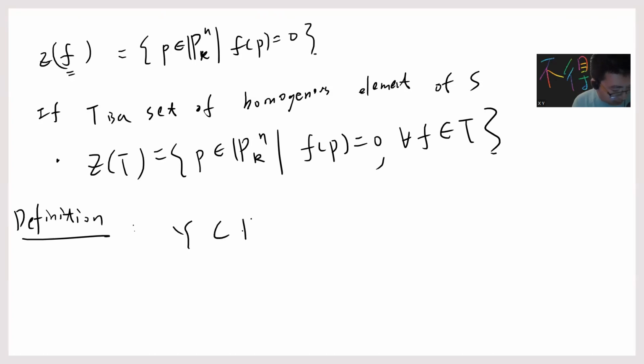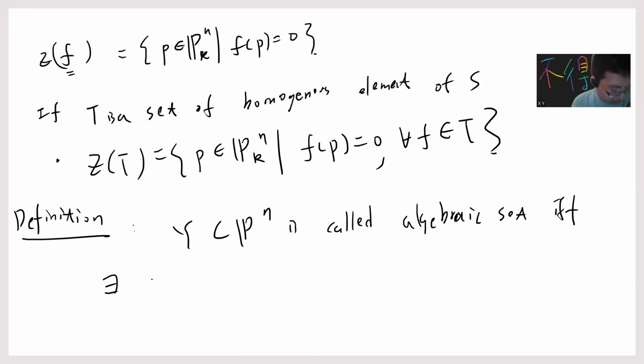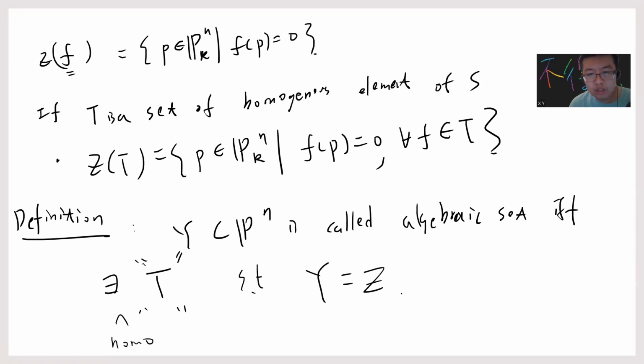A subset Y of P^n is called an algebraic set, so this is the same as the affine variety, right? If there is a T, which is homogeneous, so I don't want to keep writing homogeneous; when I write this, I mean homogeneous. If there is a homogeneous subset T such that Y is Z(T).